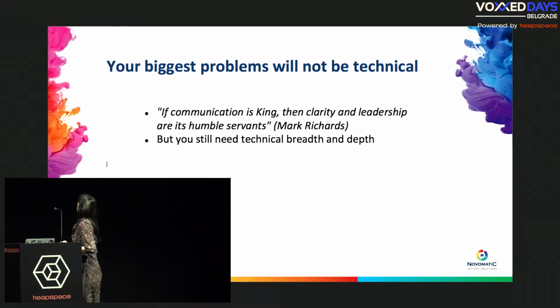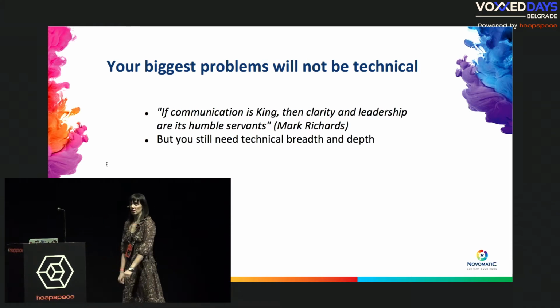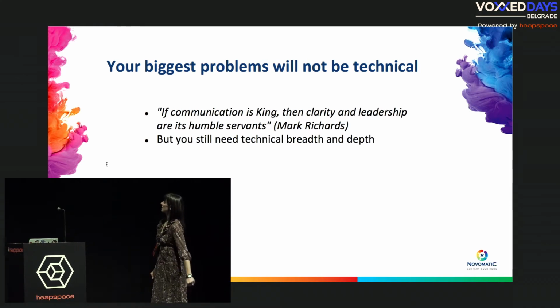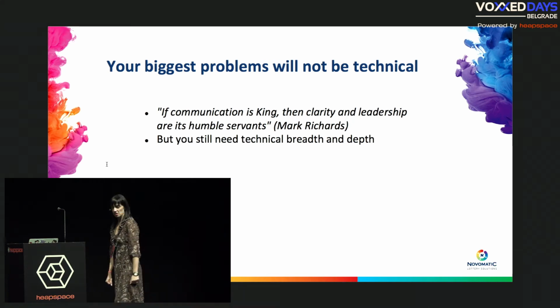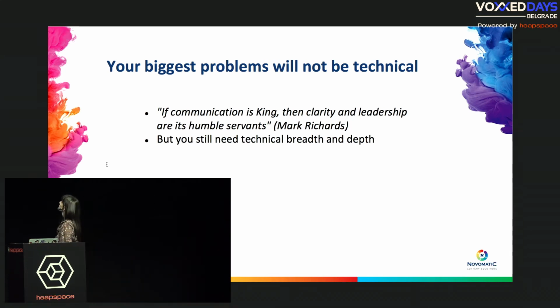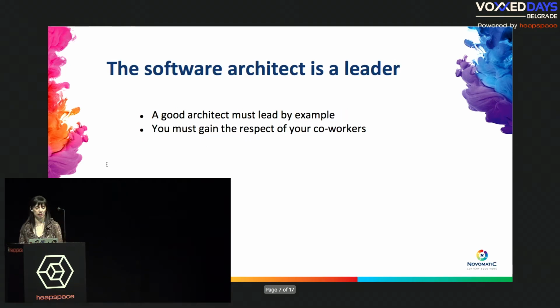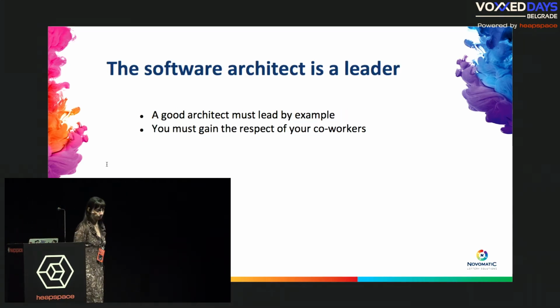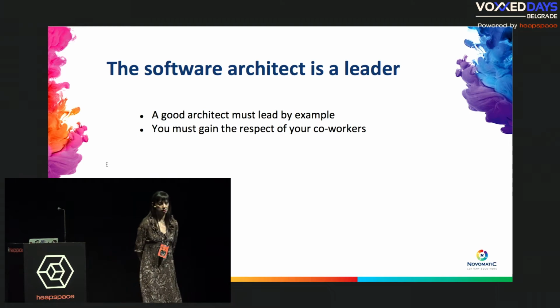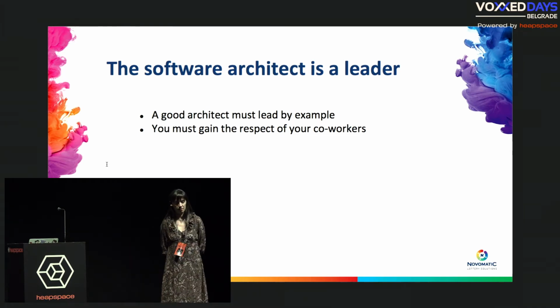So, as Mark Richards, one of the famous architects, said, if communication is king, then clarity and leadership are its humble servants. So I talked to you about the clarity, and now a little bit about the leadership. An architect is also always, always a leader.